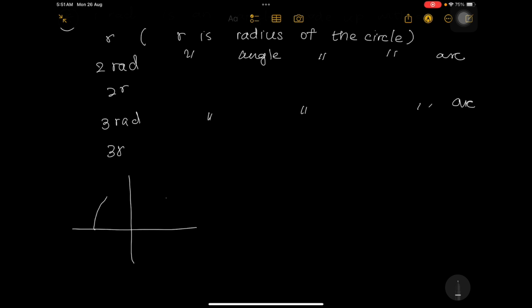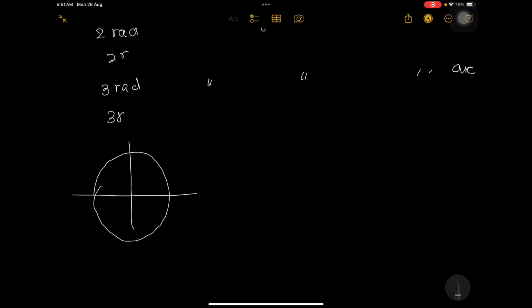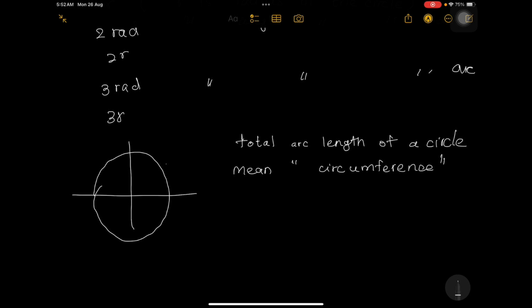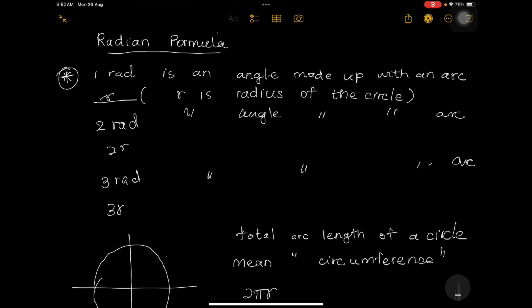So arc r is 1 radian, 2r is 2 radian, 3r is 3 radian.